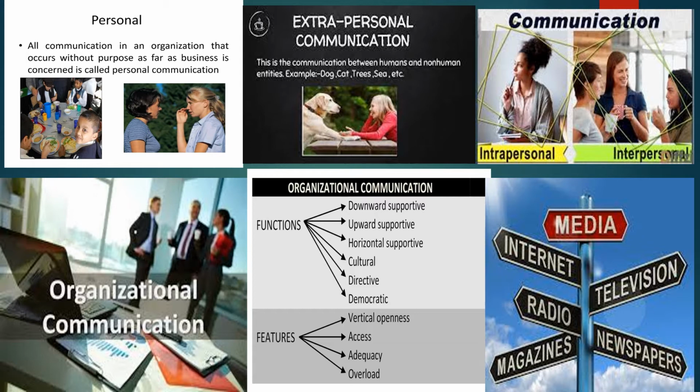The next one is intrapersonal communication. Intrapersonal itself says that this type of communication takes place within the individual. Within themselves they are sitting and discussing or thinking. We know that the brain is linked to all parts of the body by electrochemical systems.